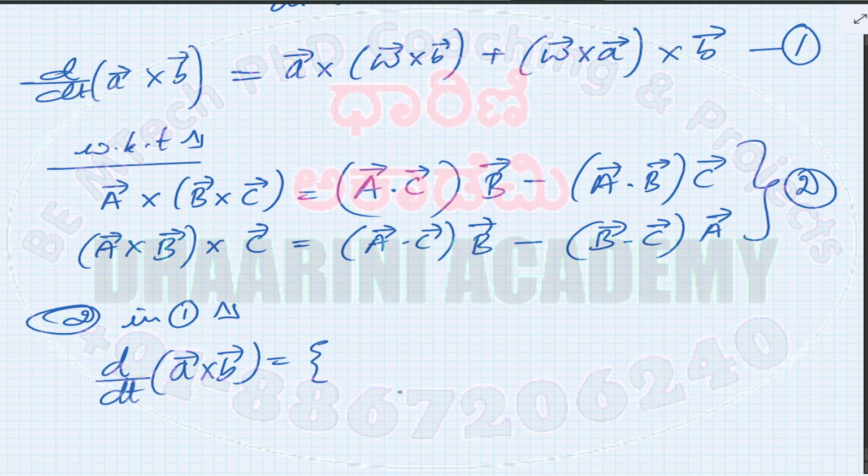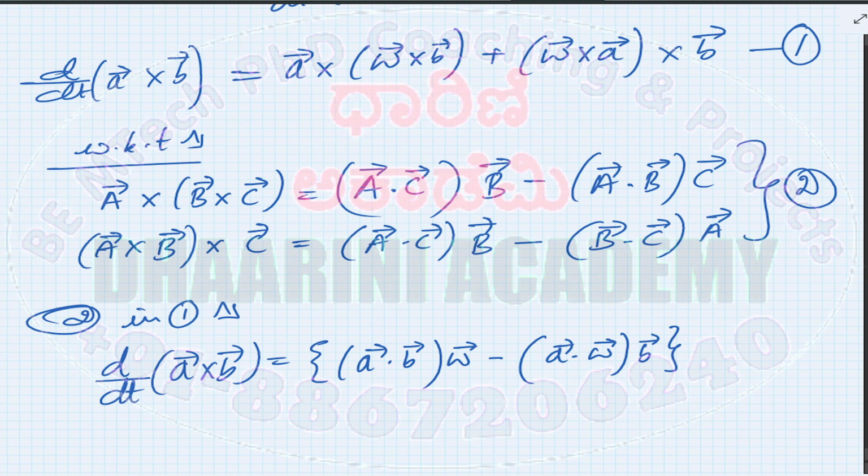now you can see that this is bracket vector A dot vector B. Instead of C I have W, so I'll write the W vector, minus, once again, vector A dot vector W times B vector. Okay, so this is the first part.